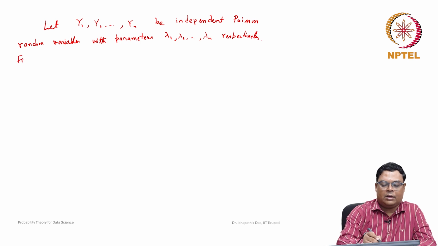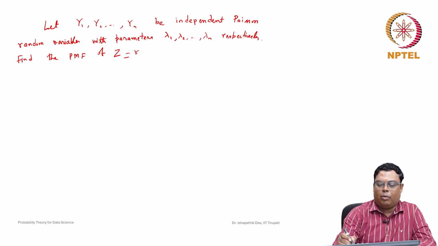Find the probability mass function of Z equal to Y1 plus Y2 plus ... plus Yn.